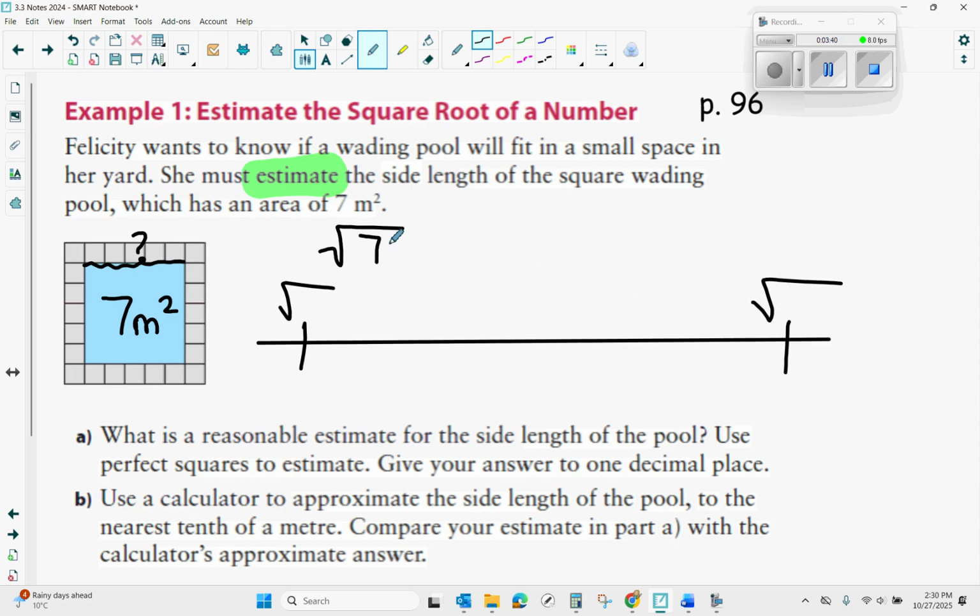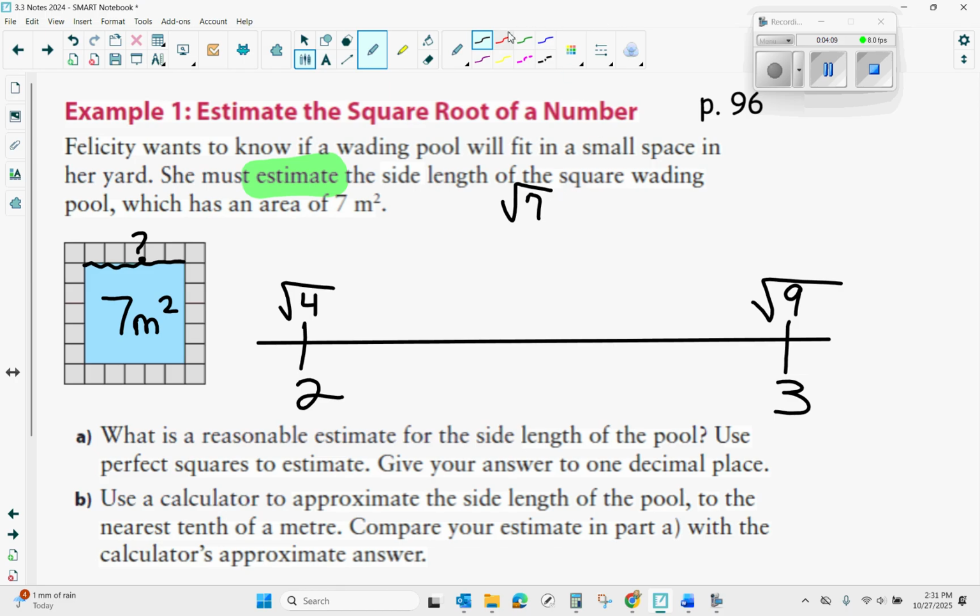If we look over on the wall to our tower of perfect squares, 4 and 9 are the 2 perfect squares on either side of 7. The square root of 4 is 2, and the square root of 9 is 3. So there's my number line set up, and I have to find the square root of 7.